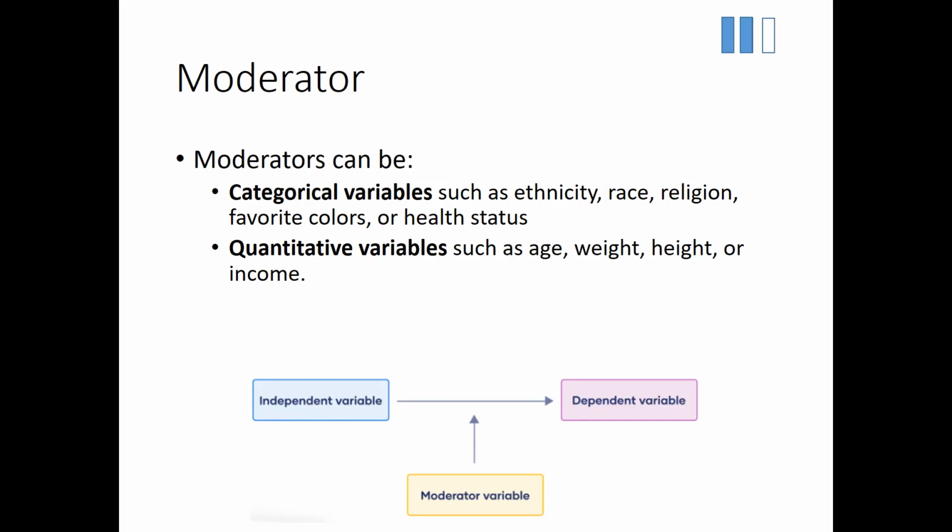Because all of us can have the same independent variables, but our outcomes are affected by Chris or Bob.